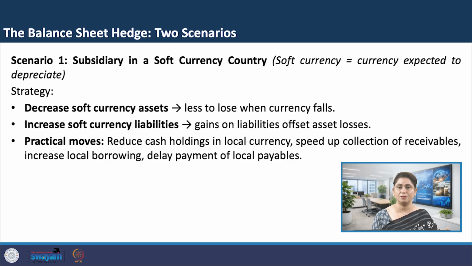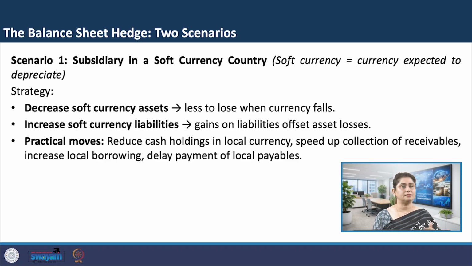Soft currency country means the host country's currency is depreciating. A soft currency is one that is expected to depreciate against the parent's home currency. If the subsidiary is in a country where the local currency is weakening, the parent's concern is simple.